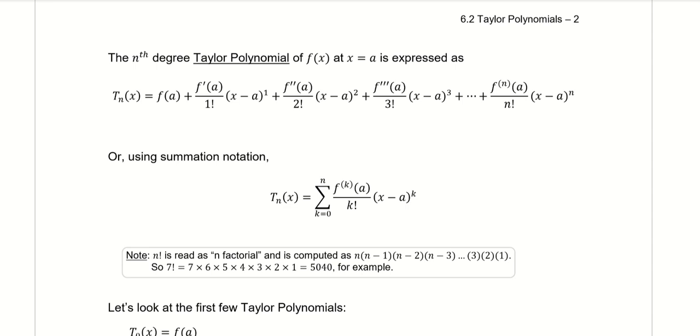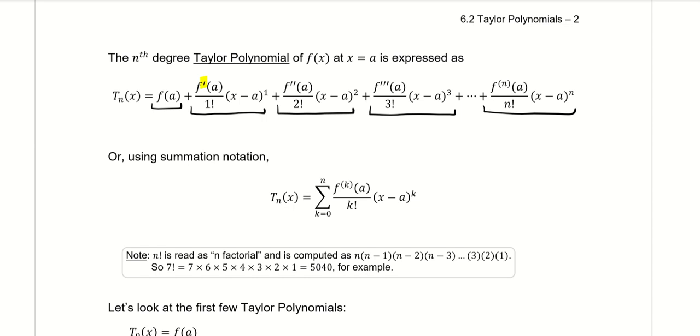Now, the pattern that I want to mention here is in the pieces of this sum. Notice each of these is added to everything else. And here's the pattern that I want to point out. So this is just our function f of a, or f at a. But once we get past that part, the rest of the pieces in this sum follow a nice pattern.